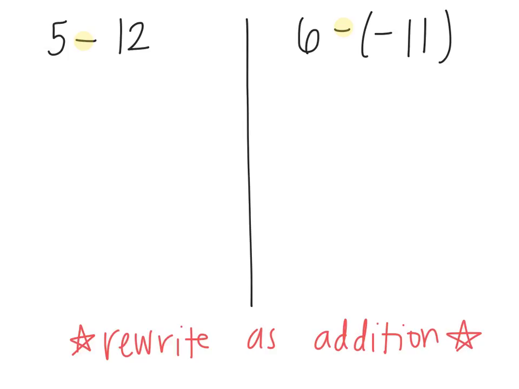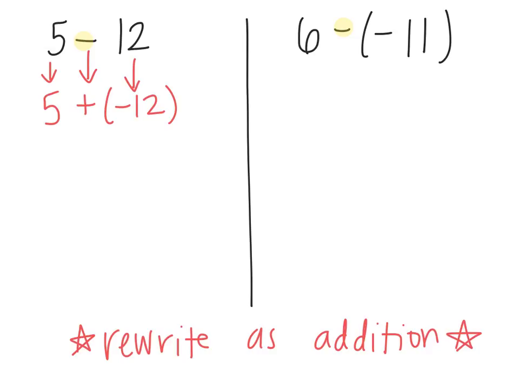So let's take a look at this first problem of 5 minus 12 and what that looks like. We are keeping the first number, changing the minus sign to a plus sign, and taking the opposite of that second number. So 5 minus 12 is the same thing as 5 plus -12.